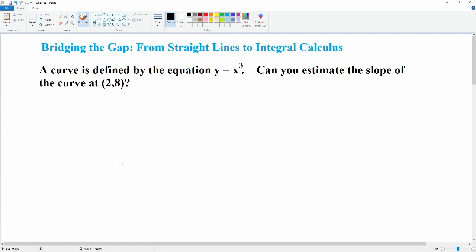We've been taking some curve and we've been looking at two points on the curve and getting the slope of the line that passes through those two points, and using that to estimate the slope of the curve, and that's called a secant line.